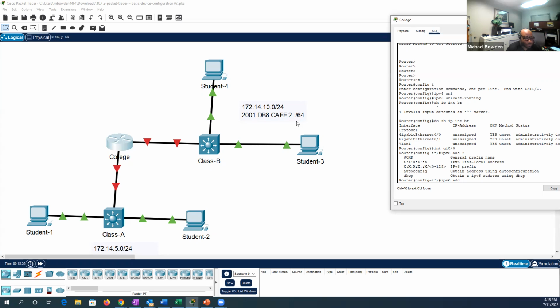And another thing: as long as you're using an address in that network, any address would work for a default gateway. Let me bring up something here.